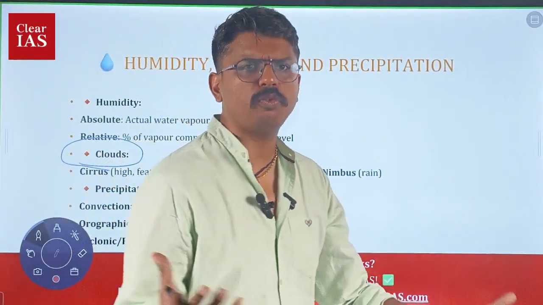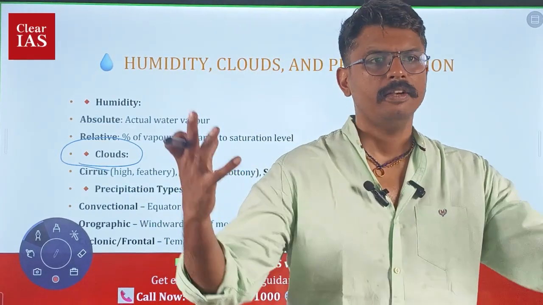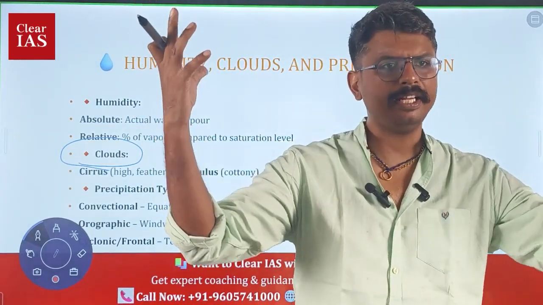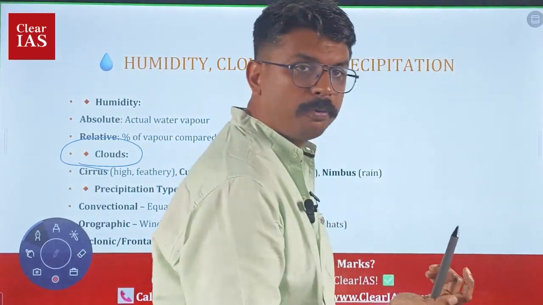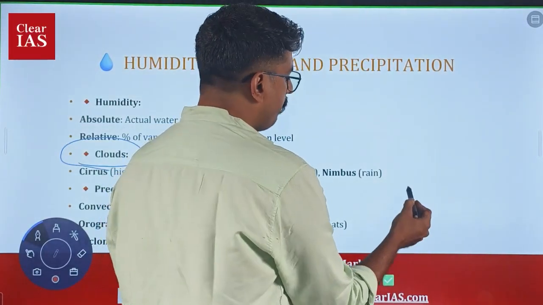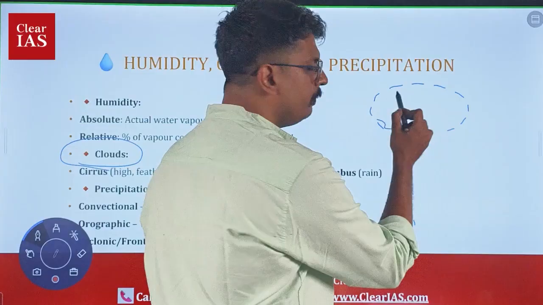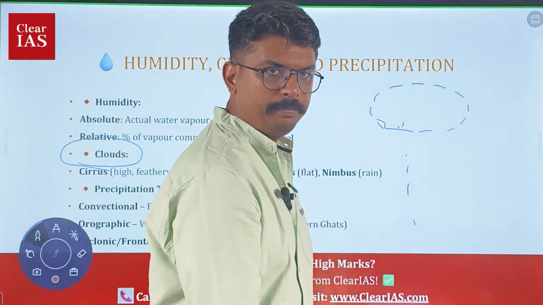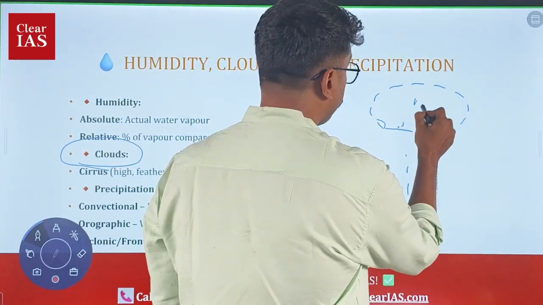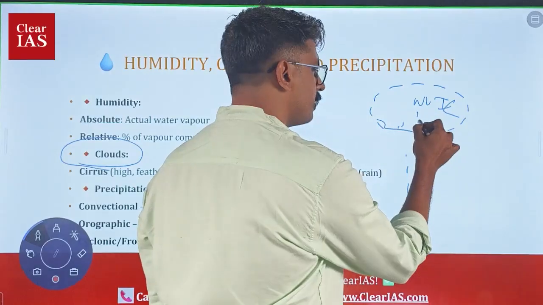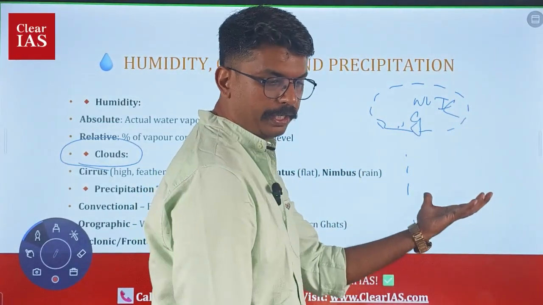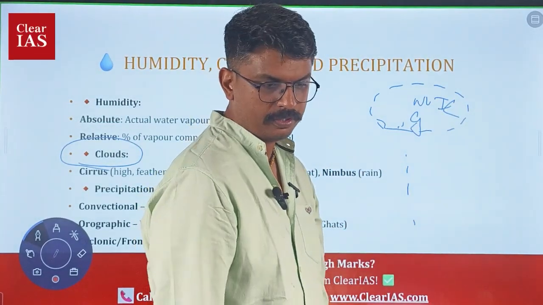It is a collection of water vapor and dust particles suspended in the air, right? Yes. So, how does cloud formation happen? When water vapor rises, it cools and condenses and forms clouds. Simple. It's a mixture of water vapor, ice crystals and dust particles, all together forming clouds.